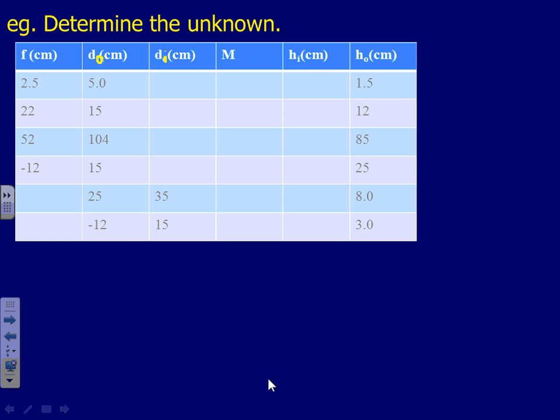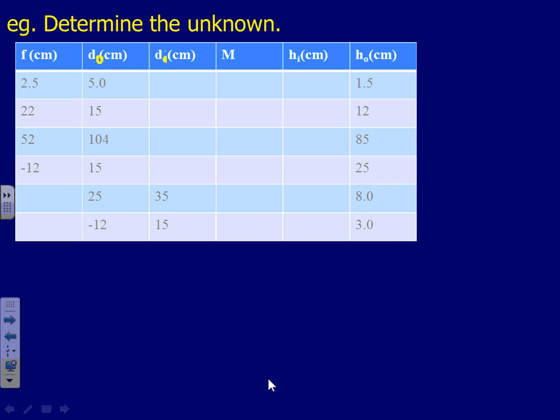Now I know what the DO is, and I'm going to find what the DI is. That's what I want to do. I want to find where the image is, just like we did in our ray diagrams. I want to find where the image is, and then I want to find out how tall it is, et cetera, et cetera. And so then I just have a bunch of numbers, 2.5 and 5. Just change the title of the table, people.